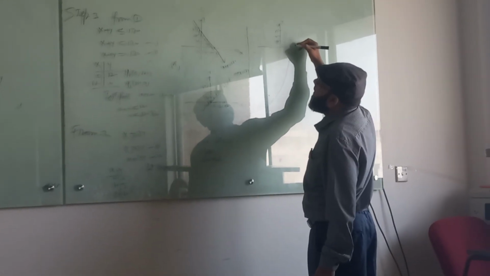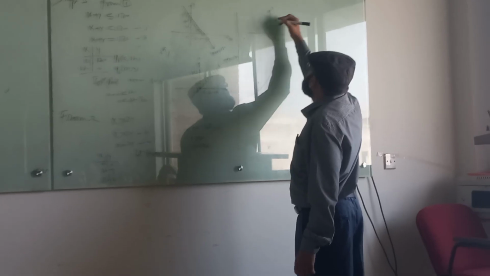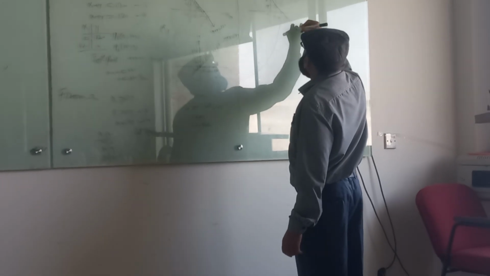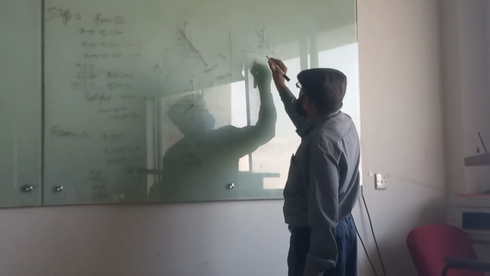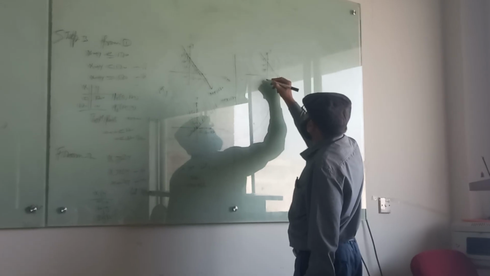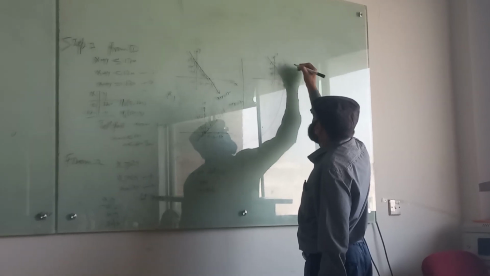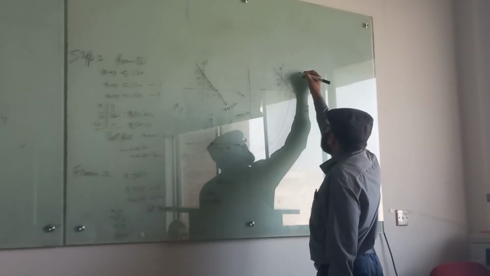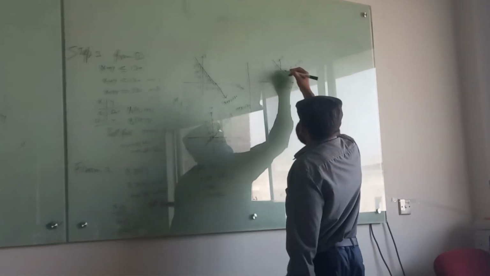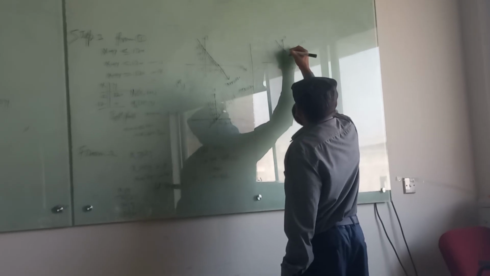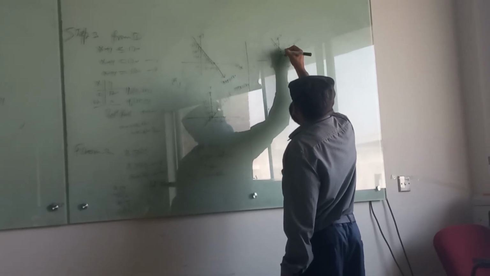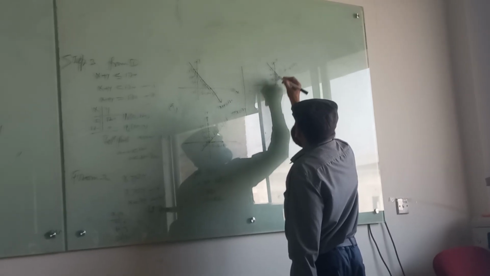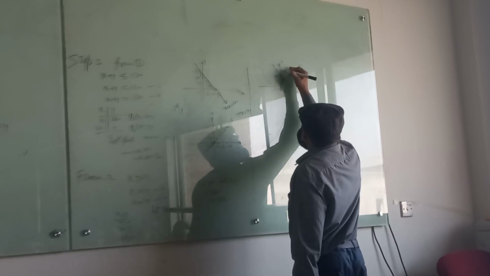It is 120. And here say x plus y equal to 120 and x equal to 2y. The shaded area is here. These are the vertices: 0, 120.